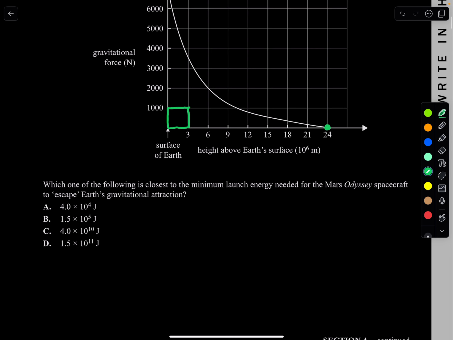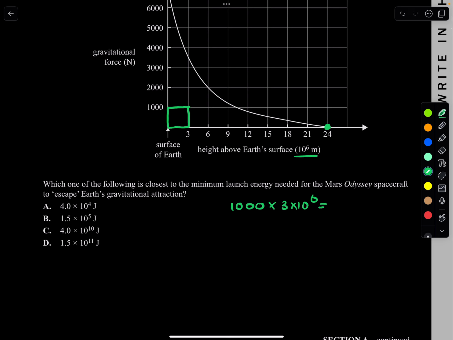So the area of one square is just 1,000 newtons times 3 times 10 to the power of 6. Remember, this is to the power of 6. That's going to give us the area of one square. It is a very, very big number.